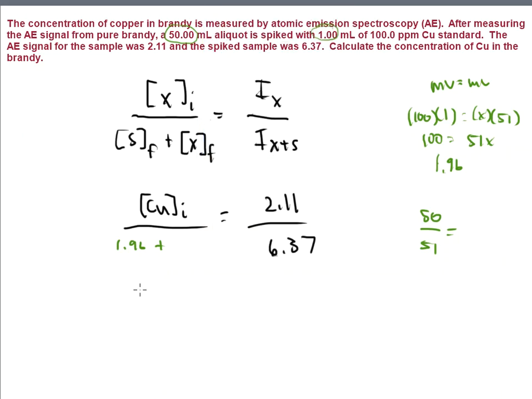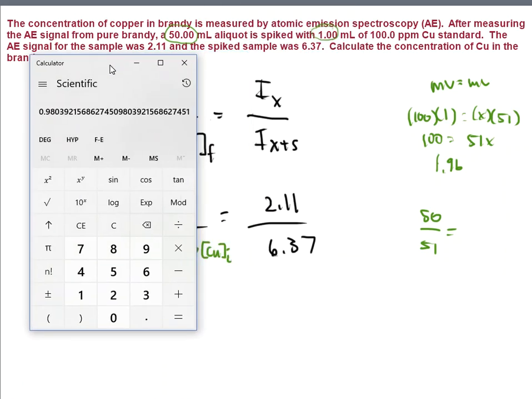So if I wanted to rewrite this in terms of the same variable, 0.98 bracket CUI. And now I have the same variable, x, to solve for. Okay, so a little bit of calculator work now is all that we have left.